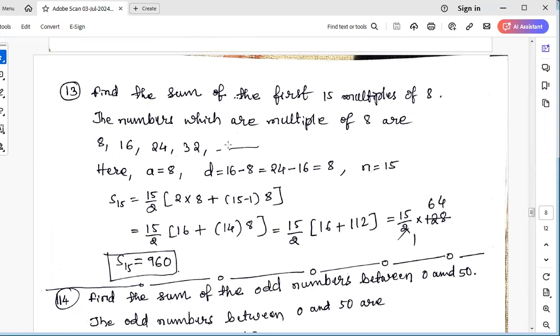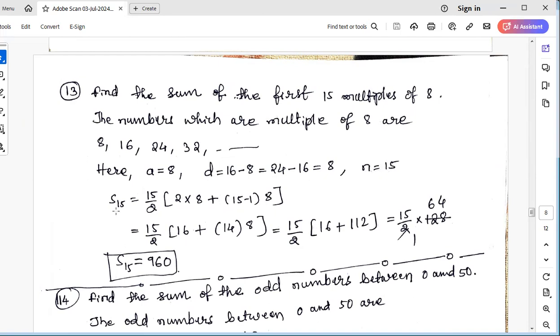Like that, you will get so many numbers. So we have to count 15 terms. And in this AP, first term a is equal to 8, and common difference is 16 minus 8 or 24 minus 16, that is equal to 8. And we need the sum of 15 terms, so n is equal to 15.